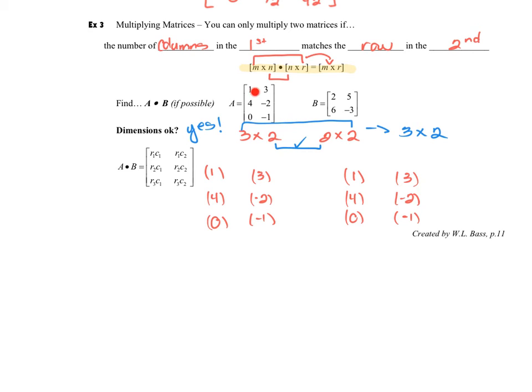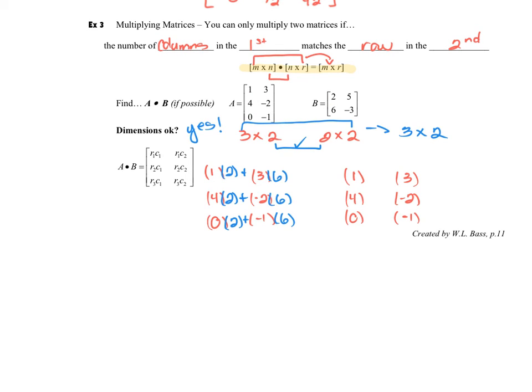So now let's go back to what I said we were going to do. I said we were going to take this row times this column. So these values right here are going to go here and here. I'm going to put those in a different color. So I'm going to have a 1 times a 2 plus a 3 times a 6. And then I'm going to have a 4 times a 2 plus the -2 times the 6. And a 0 times a 2 plus the -1 times the 6. That's getting each of these rows times this column.